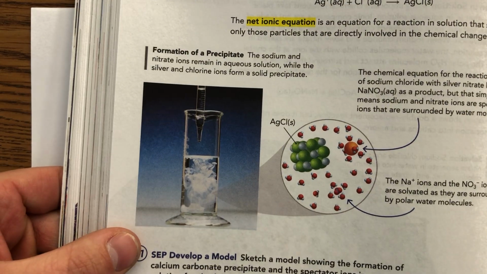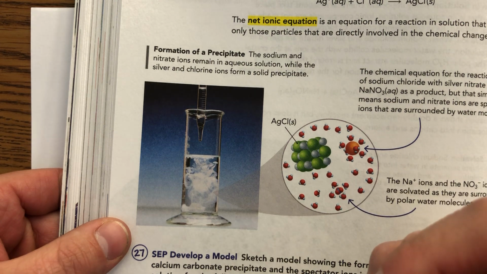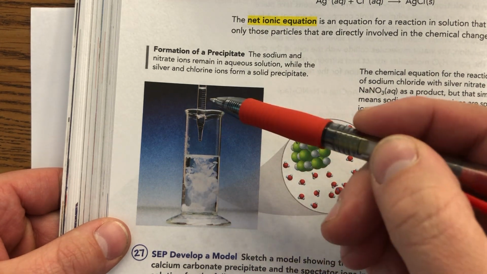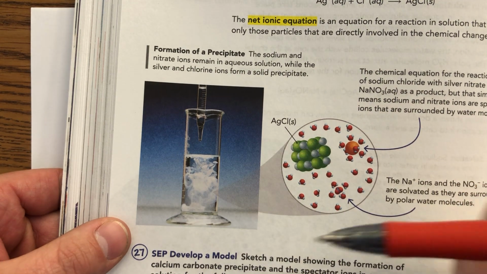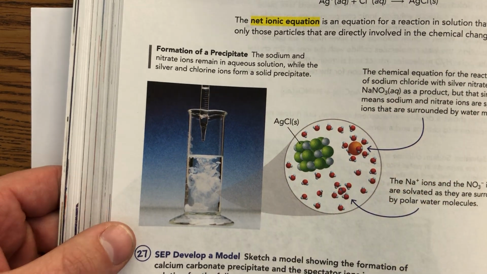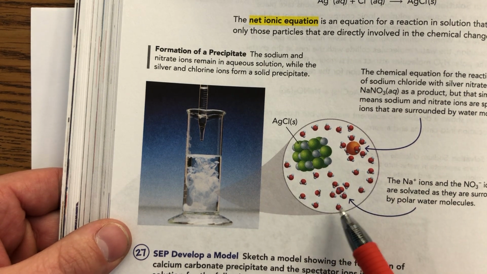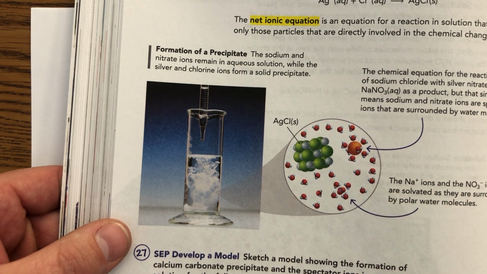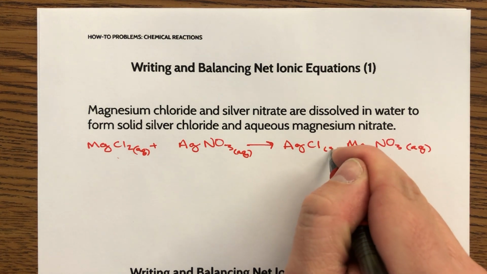So I have in this beaker, I'm not sure which one's which, however, there are 2 solutions. One is being dropped into the other solution, and they're mixing, and we're seeing this reaction occurring. Silver chloride is forming a solid while the magnesium and nitrates are remaining in the solution. So these are going to be aqueous, and then this is going to form a solid.